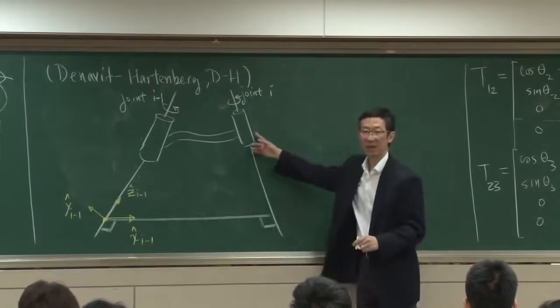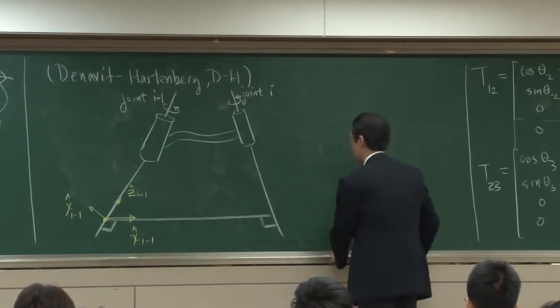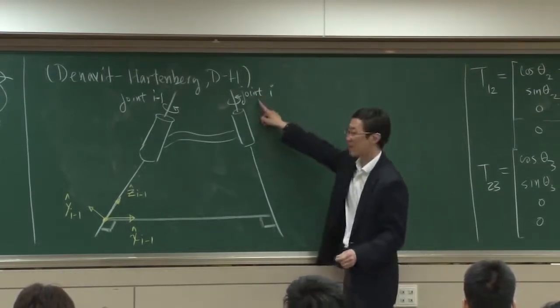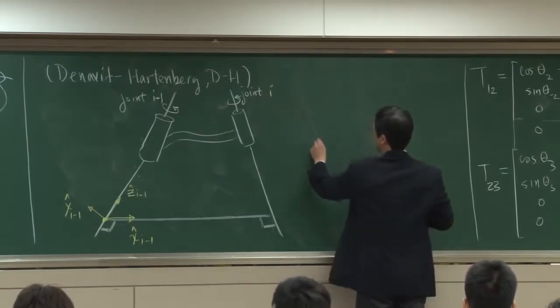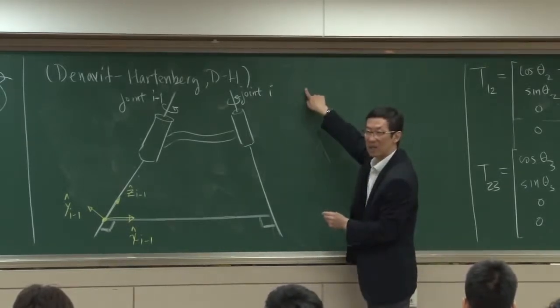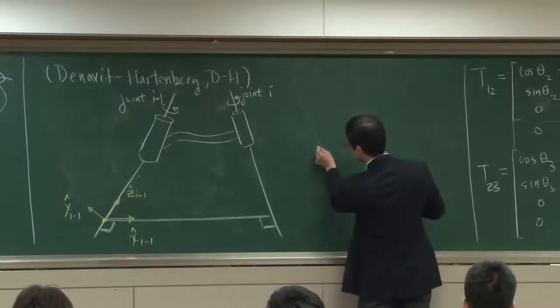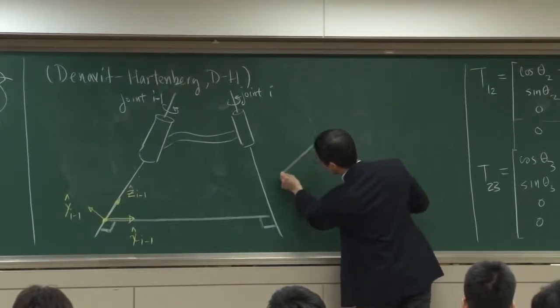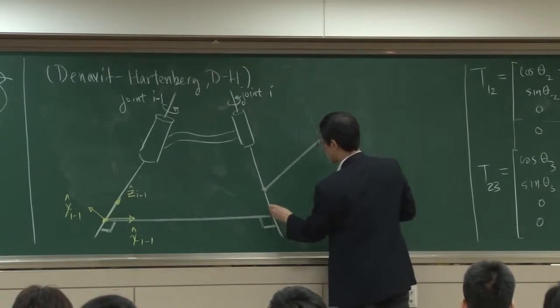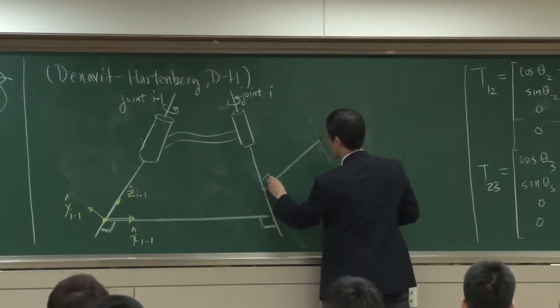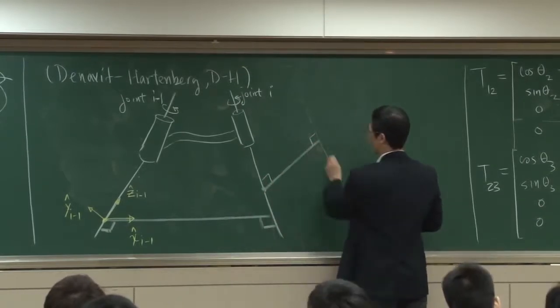Same thing here. To assign the frame for this axis, we need to find joint axis I plus 1 and draw the mutually perpendicular line. So maybe that over here.